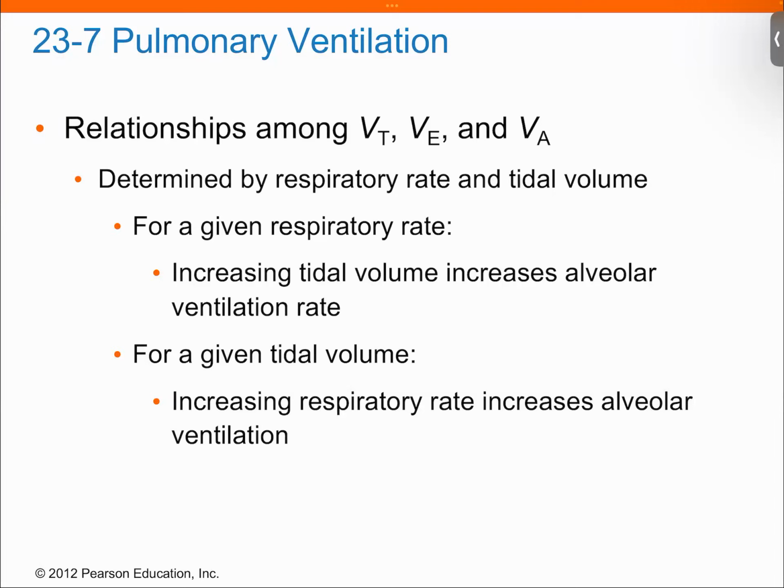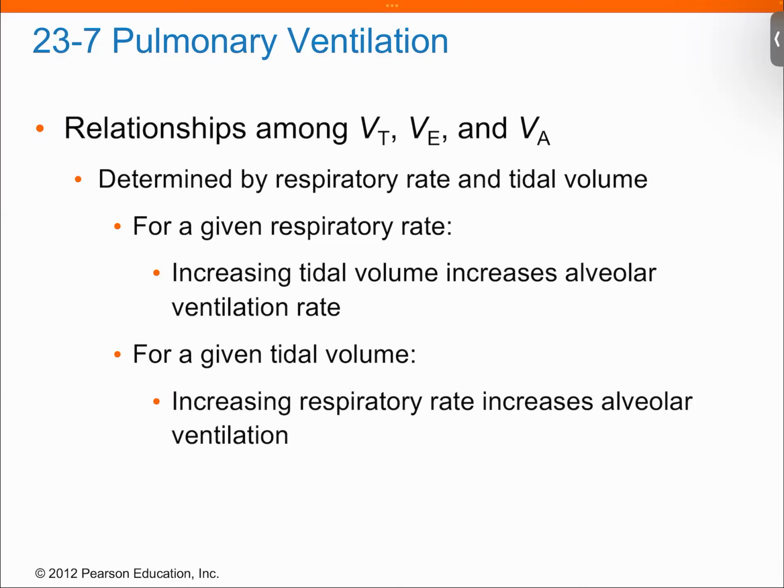But when we take a look at volumes, there's a lot of other volumes that we look at. There's volumes and what's called capacity. And so ultimately then, when you look at your pulmonary ventilation, you have your tidal volume, your alveolar volume, and your expired volume.